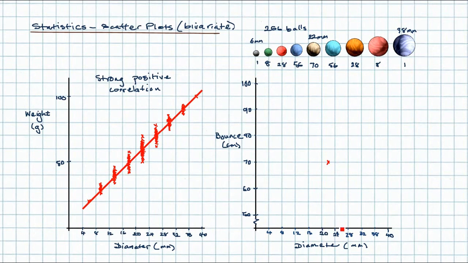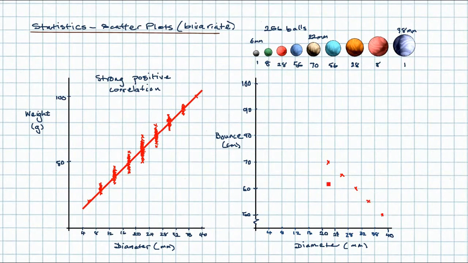Well, as the diameter increases, the weight will increase, as we've seen. And if the weight increases, let's say the bounce is less. So it bounces to not quite such a high level. So let's say it bounces, on average, to 65 here. So it goes down. So as the diameter goes up, the bounce height goes down like that.